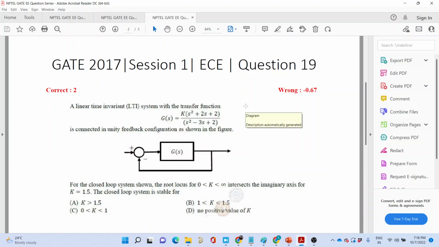Okay, this is the next sum, and this is the last sum that has been allotted to me.